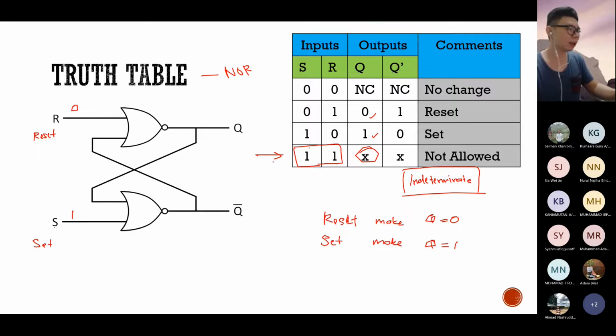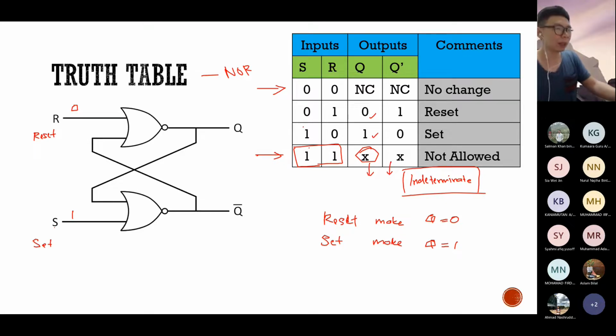Okay, so that is basically how the SR latch works. If you put a value of 0, 0 over here, the output is not going to change. Whatever output that is existing is just going to stay there. And if you give a value of 1, 1, this is an illegal state. This is an indeterminate state. The SR latch should not have these two values 1 together, because the output will be uncertain.